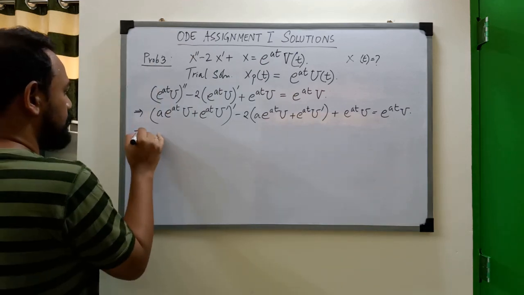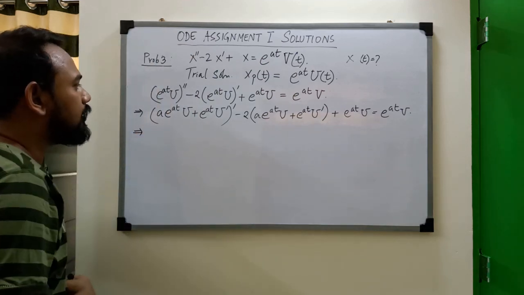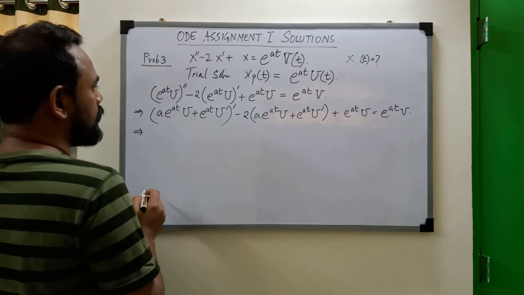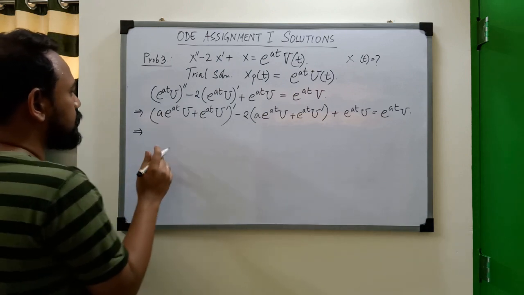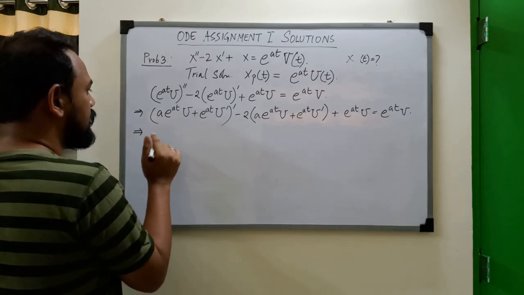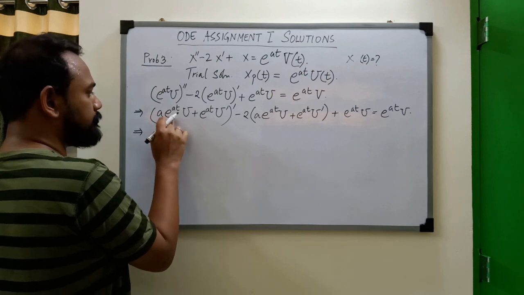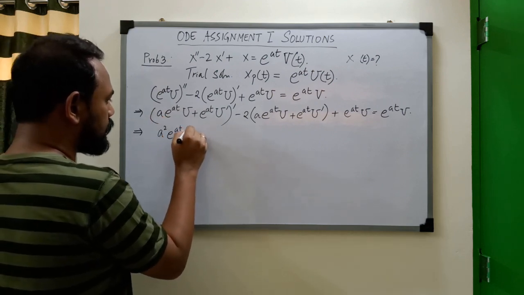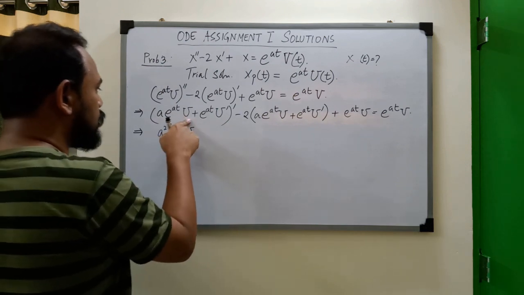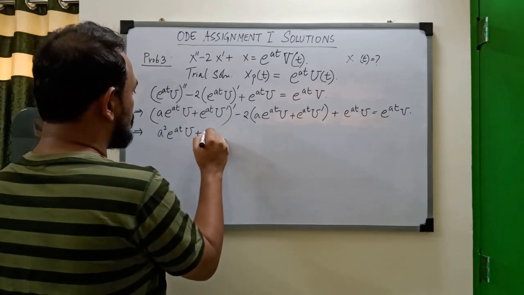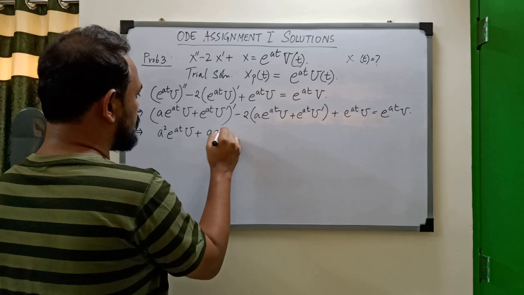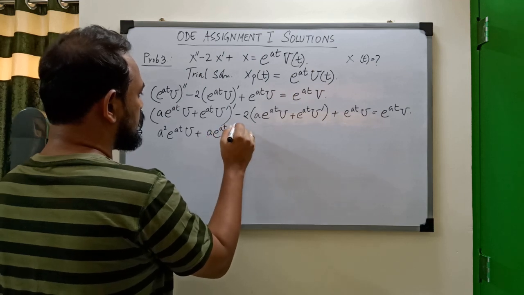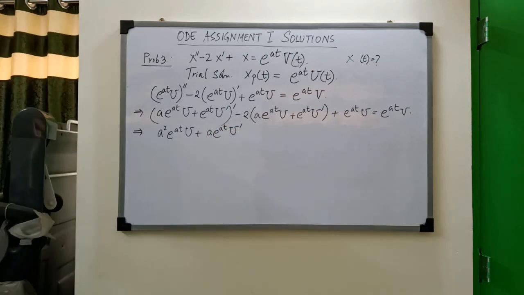Okay. We need to differentiate this once more. What does it come to? If I differentiate this one again, I'm differentiating the exponential first. I'm getting an a squared e to the power at u. Then I'm differentiating the u, so I'm getting a e to the power at u prime. Okay.